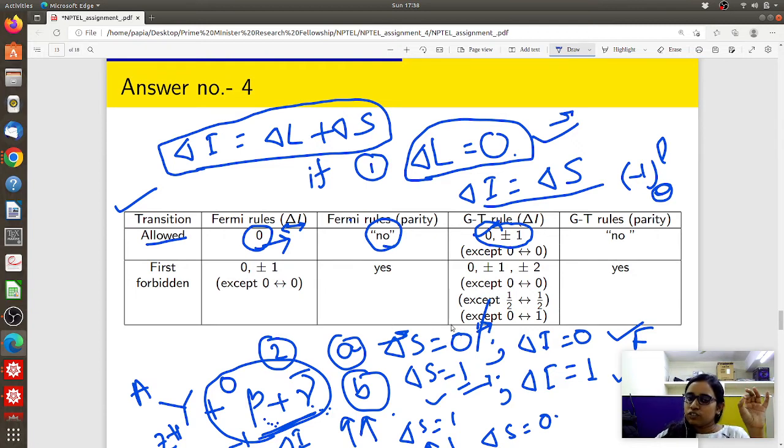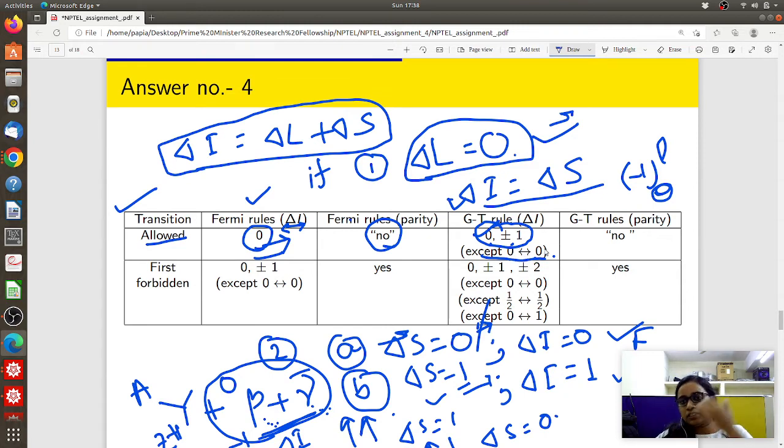So delta S will be 0, which obviously allows the Fermi rules as well as the GT rule. But in the GT rule, one exception is there: 0 to 0 is not possible for GT. If 0 to 0 is possible in any transition, then it should abide by the Fermi rule. So for the GT rule, the condition is 0 or plus minus 1, but it should not be a 0 to 0 transition.